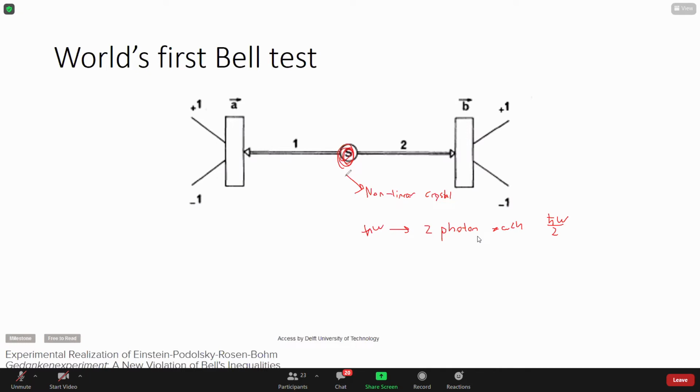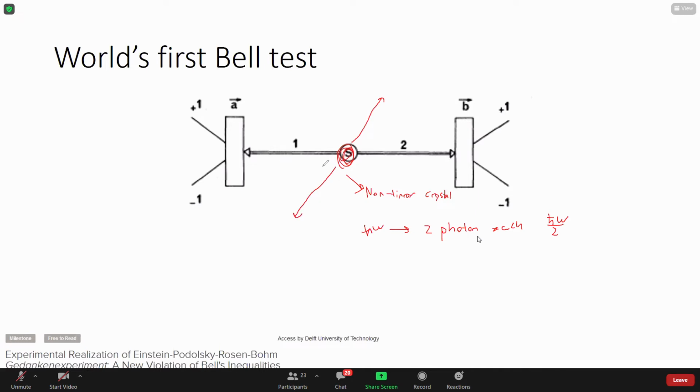But here's the thing. Because 2 times h bar omega over 2 is h bar omega, there's always energy conservation. But there also has to be momentum conservation, meaning that if one photon goes in this direction, the other one has to go exactly in the opposite direction.